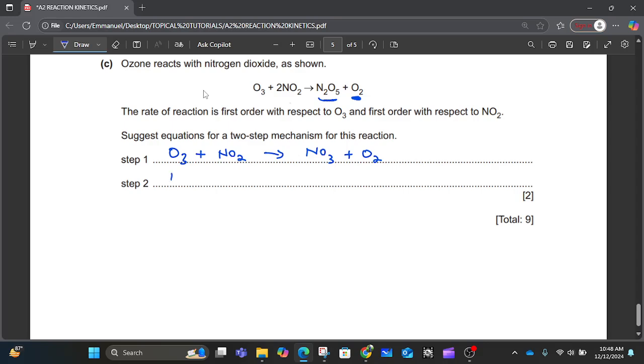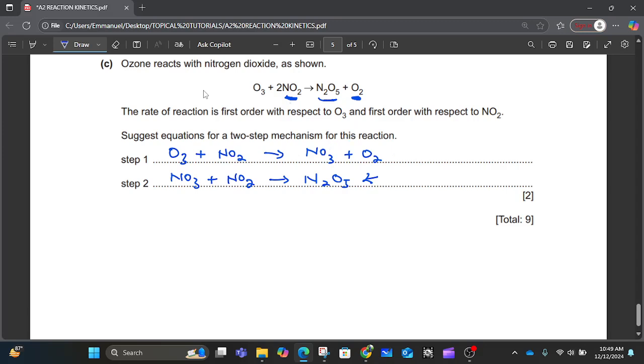And so we use the NO3 plus the second mole of the NO2, and that gives us N2O5. So you can see that we have formed the O2 in the first step and the N2O5 in the second step. This NO3 is an intermediate because it was used up in the second step.